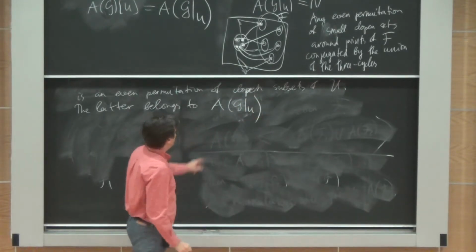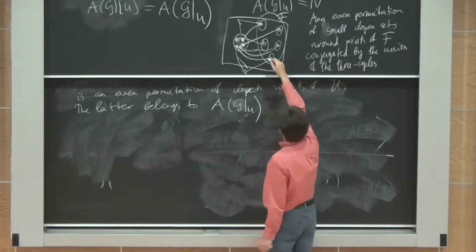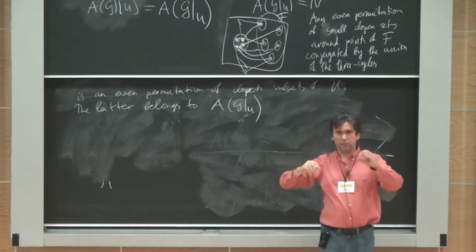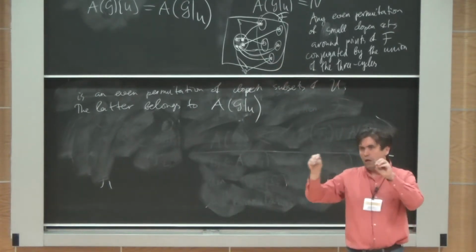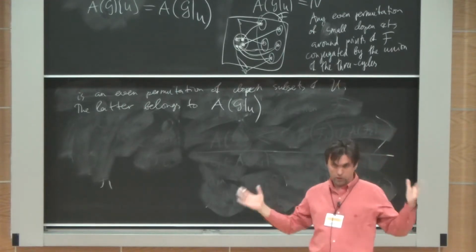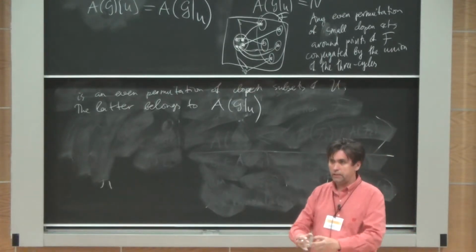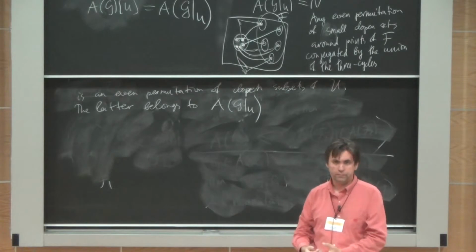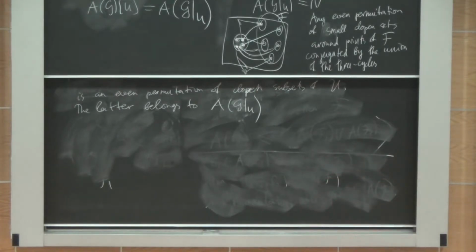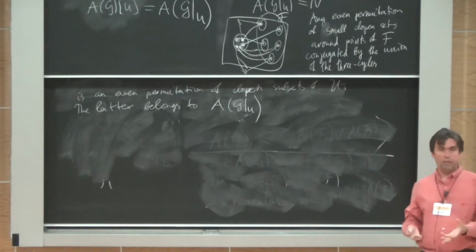So what I'm saying is that any even permutation of sufficiently small Clopen sets in the whole space can be conjugated to an even permutation inside U, conjugated by a union of 3 cycles, so conjugated by an even permutation.